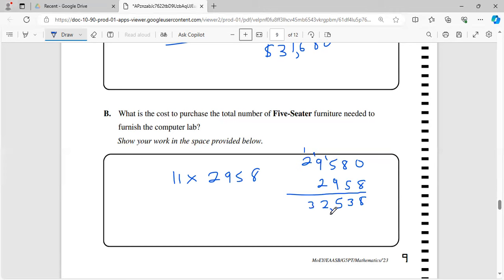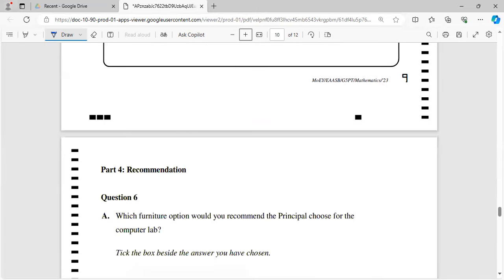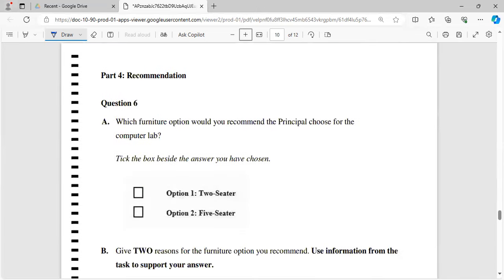Remember, it's 11 of them. Alright, so let us proceed. Okay, it says, which furniture option would you recommend the principal to choose for the computer lab?